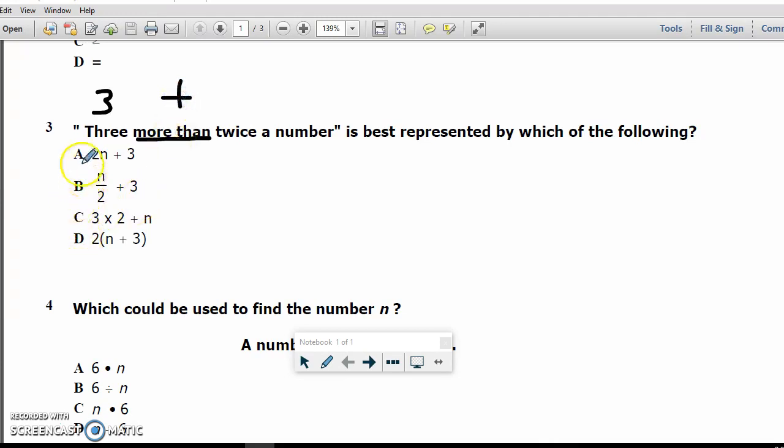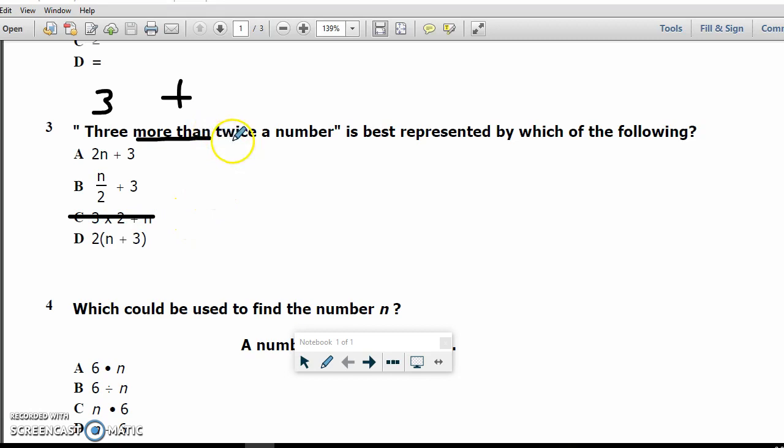Look down at your 4 answer choices and eliminate the answer where we are not adding 3. If I look at C, C shows that we are multiplying times 3. That does not match our verbal expression, so we're going to eliminate C.